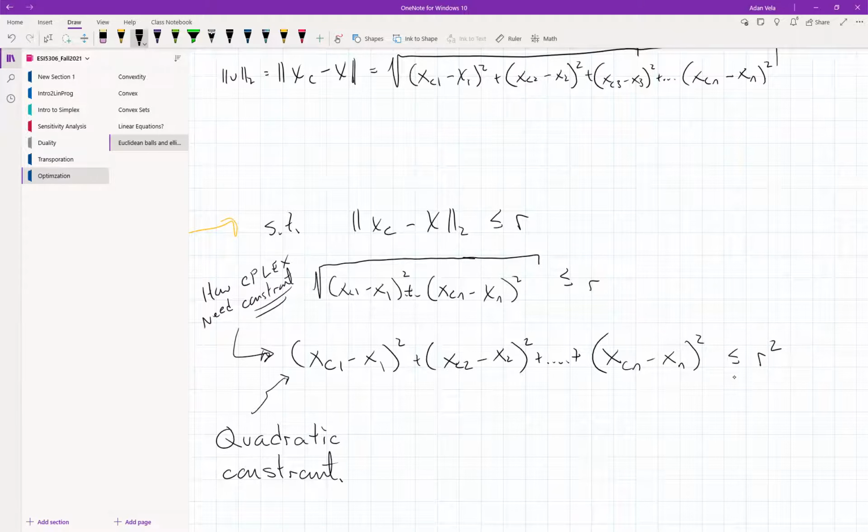And it ends up that this is something that we can write in Cplex fairly easily. You might need to expand it out, but you could at least write it. Cplex can't handle square roots, so it's not really designed to handle square roots, but it can handle squared quantities.